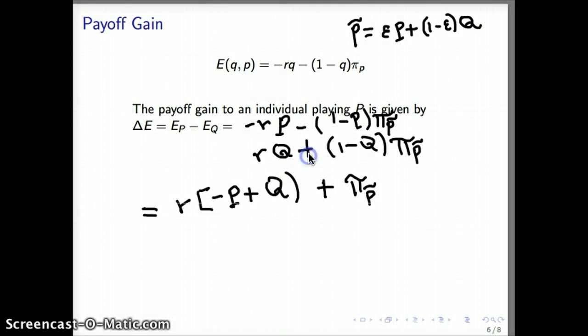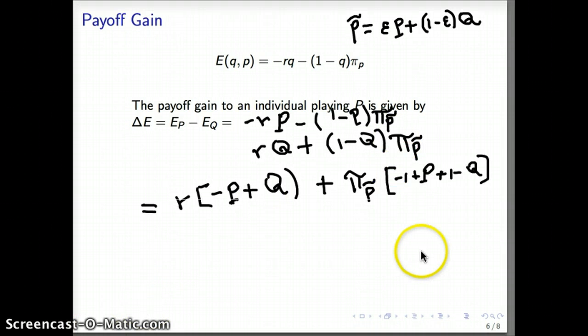Therefore, when we factor pi sub P tilde as a common factor, we end up with this expression.